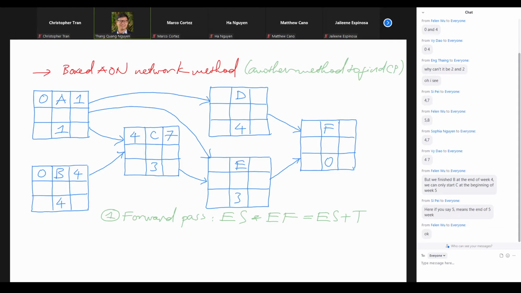All right, so to make sure that everybody understands it, I would like to ask everybody about D. What should we do here for D? What is that point? Or in other words, when can we start D as the earliest?